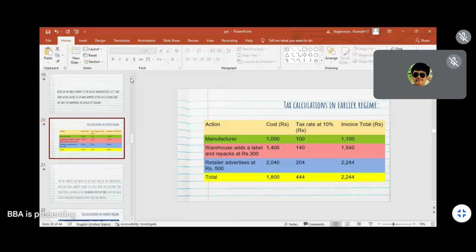The actual money spent for the product is 1000 rupees the manufacturer has spent, 300 for labeling and repacking, and 500 for advertisement, so 1800. But apart from 1800, 444 is tax money. This is the old regime or earlier regime. This is how we have calculated.